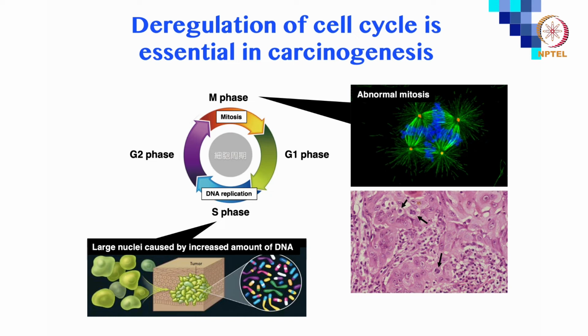M phase is mitosis. Histologically, cancer cells show large nuclei. This is caused by increased amount of DNA via abnormal DNA synthesis at S phase. Moreover, atypical mitotic figures are frequently observed in cancer tissues. This is caused by abnormal mitosis at M phase.